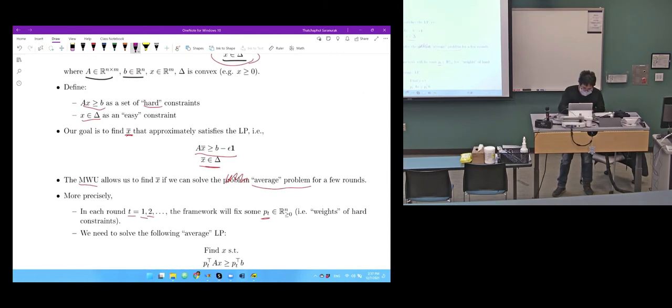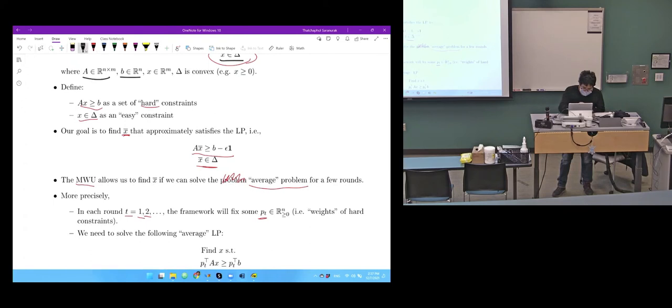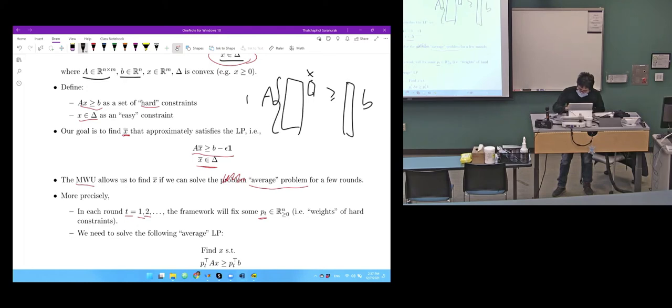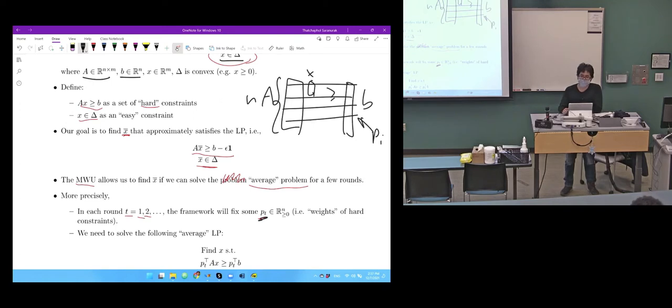Think like this as XA at least B, and there are n many constraints here. For each constraint there is a weight, Pi, for each of the hard constraints.